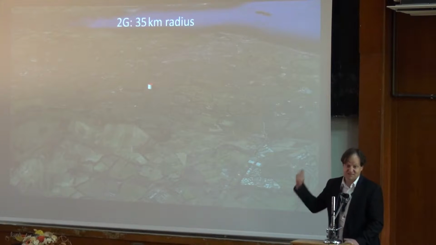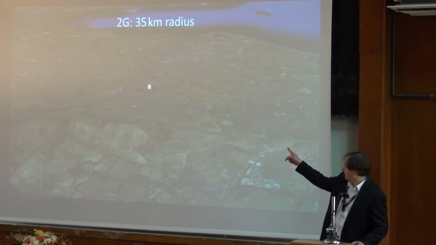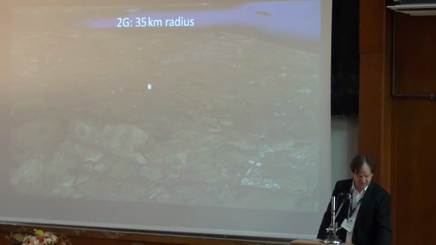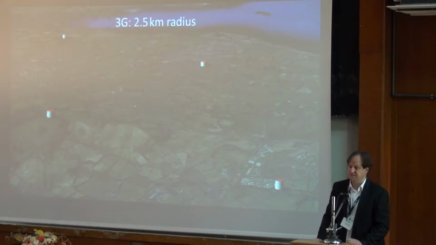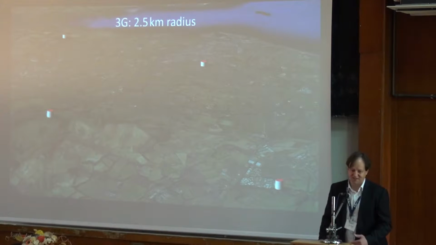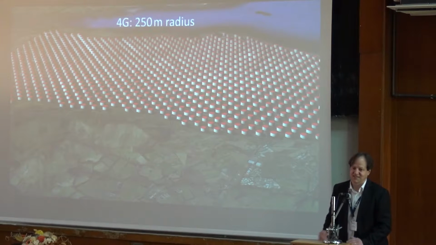Basically, for that city you would probably need one base station somewhere in the center to cover the entire city. In the third generation, the data rates increased, it went to multimedia. So you talked about 2.5 kilometers in cell radius. If we go to the fourth generation now, the intersite distance is roughly 250 meters.